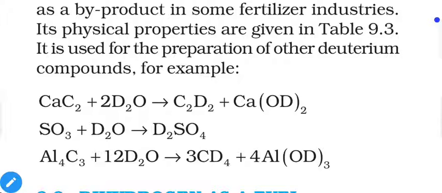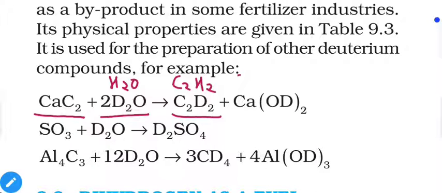As mentioned here, we have CaC2 with D2O, it produces C2D2 and Ca(OD)2. That means instead of deuterium, if we have a normal water molecule, then in this reaction our products will be C2H2 and Ca(OH)2. And a similar trend will be observed here.